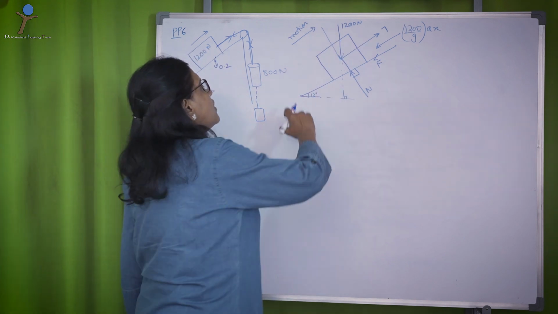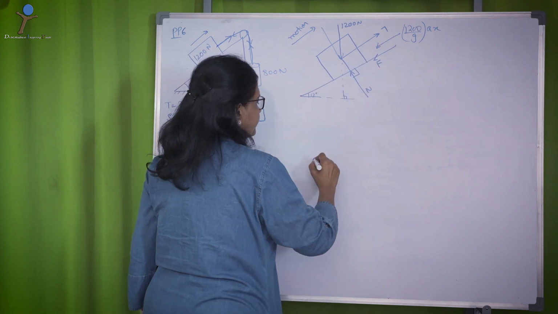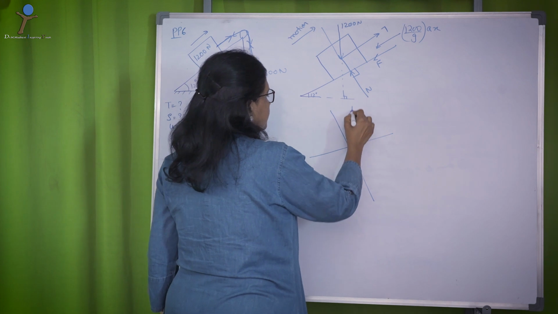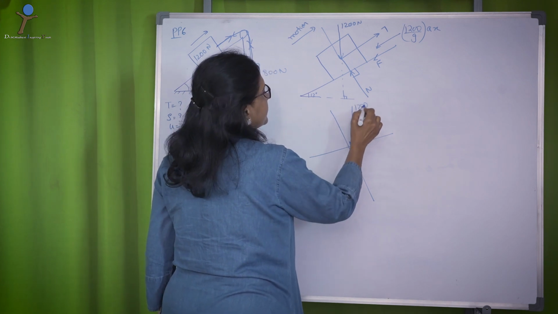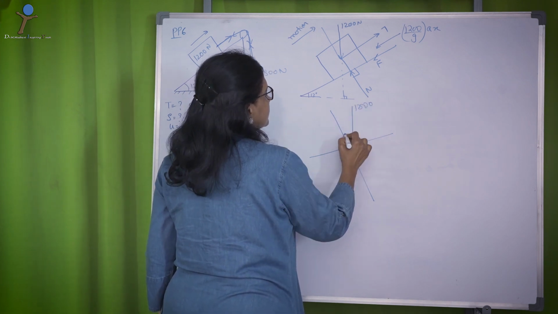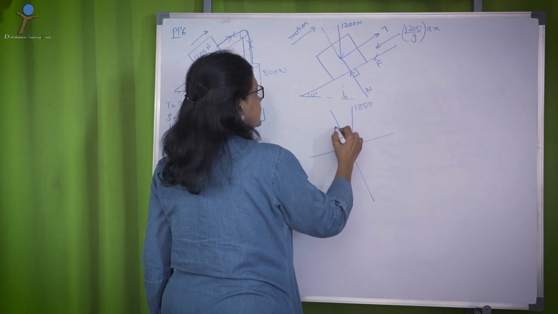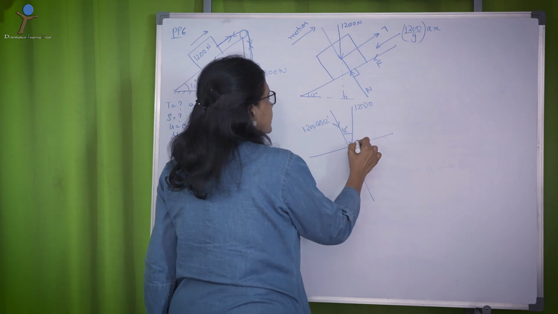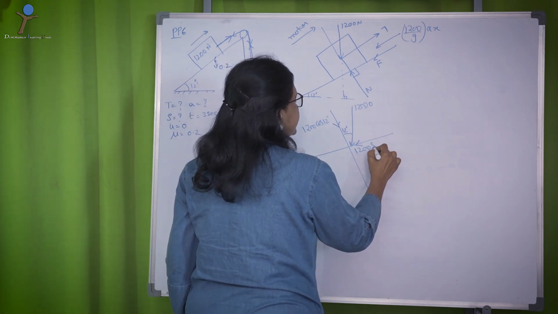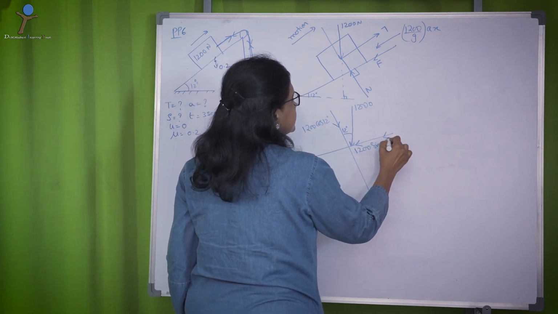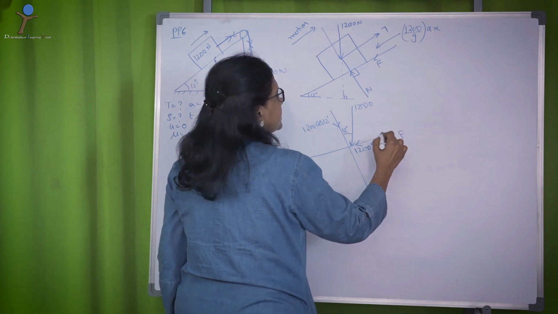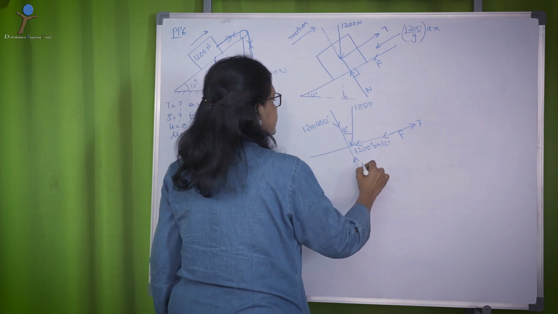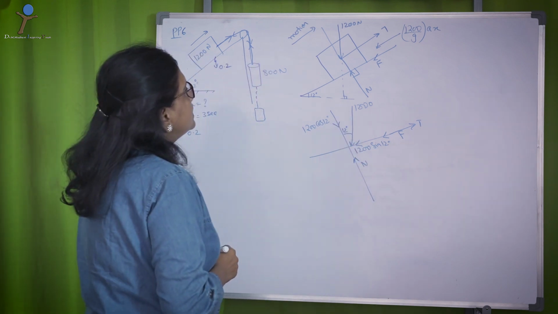Now, let us resolve all the forces in this plane. So, this is 1200, 12 degrees. So, this becomes 1200 cos 12, this becomes 1200 sin 12, this is F, and further this is T, this is N. Okay.